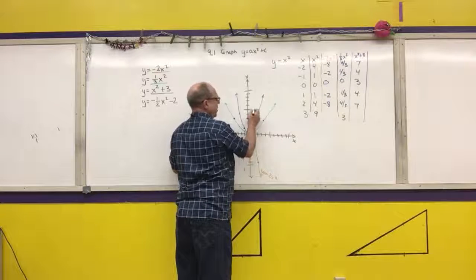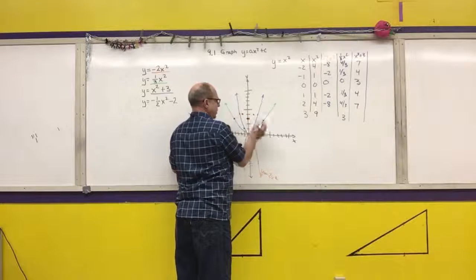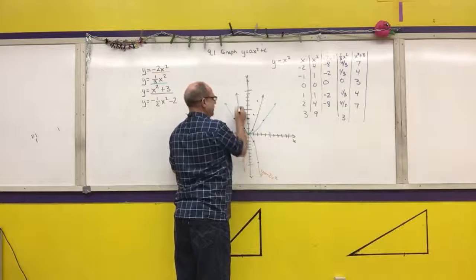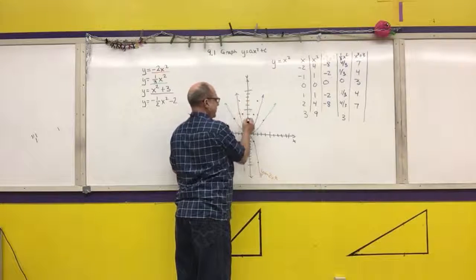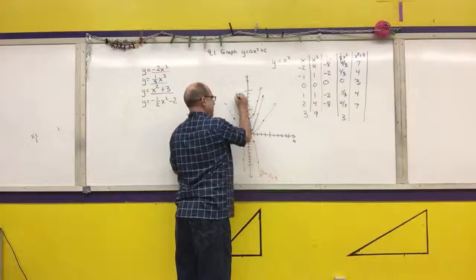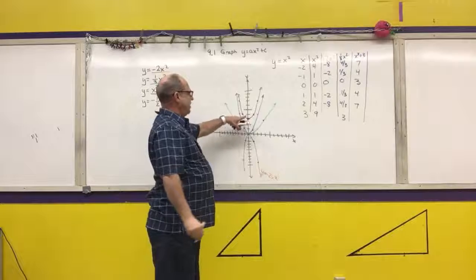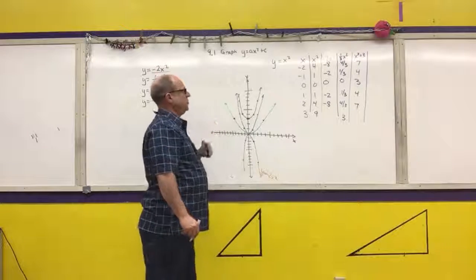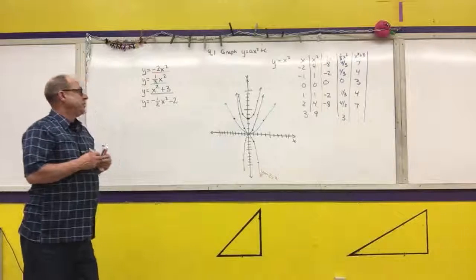At 1, I have 4. At negative 1, I have 4. At 2, I have 7. And at negative 2, I have 7. This is supposed to be the exact same as the blue graph, but it is shifted 3 units up.